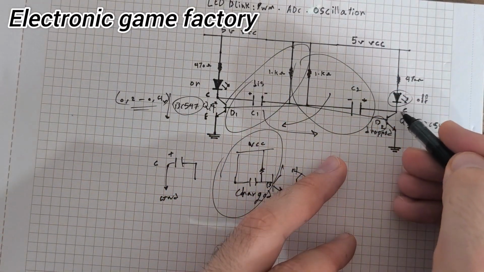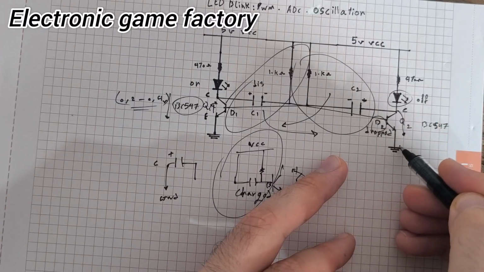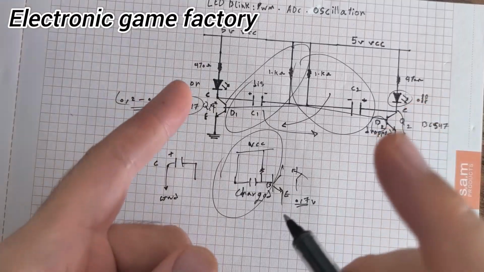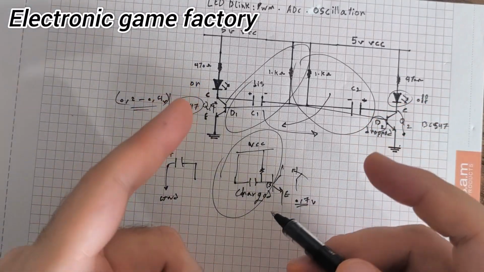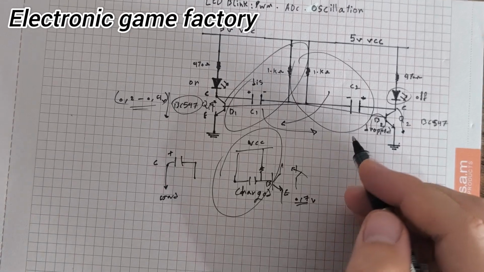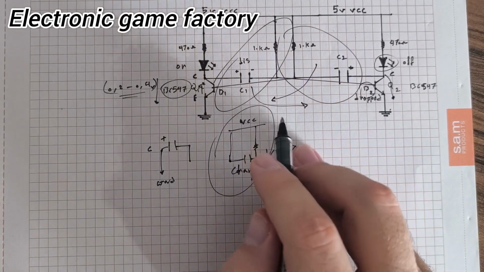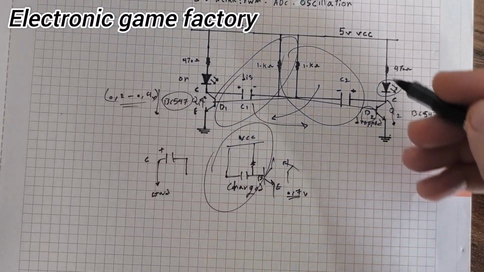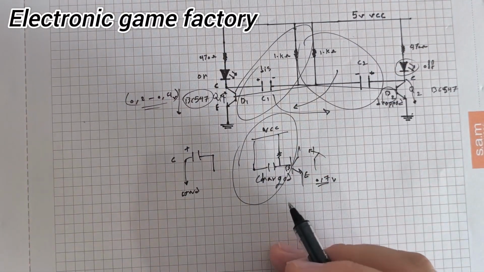Then when it is closed, the collector will be connected to GND and this one will be discharged. Vice versa, when it is done, we know that this is the blinking and it can act like a temporary memory. So this is the working of how to with blinking LEDs.